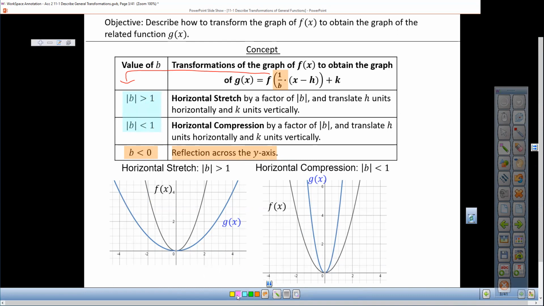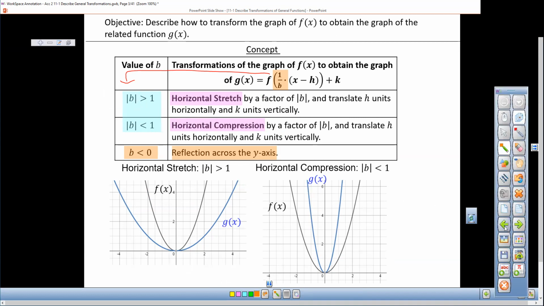If that absolute value is greater than 1, we do still have a stretch, but now our stretch is horizontal, left or right, depending on whether or not we have a reflection across the y-axis. If that absolute value is less than 1, we do still have a compression, but now we have a horizontal compression. And the factor of our compression is the B value, the absolute value, just like it is for A.